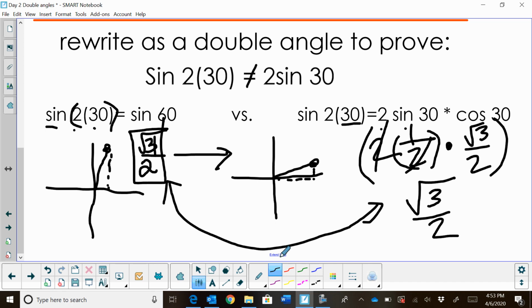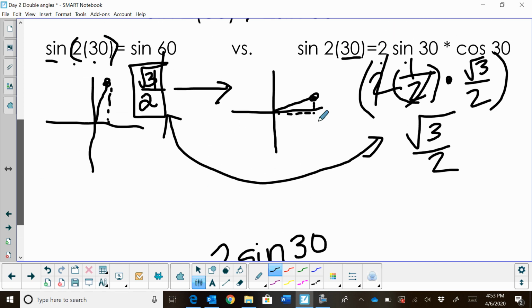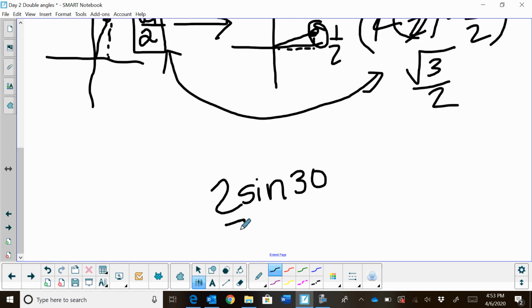So how does that compare to 2 times the sine of 30? What if we factored that out? Well, let's go back and look. What is the sine of 30? That's this position. That's a half. So 2 times 1/2 is just 1.